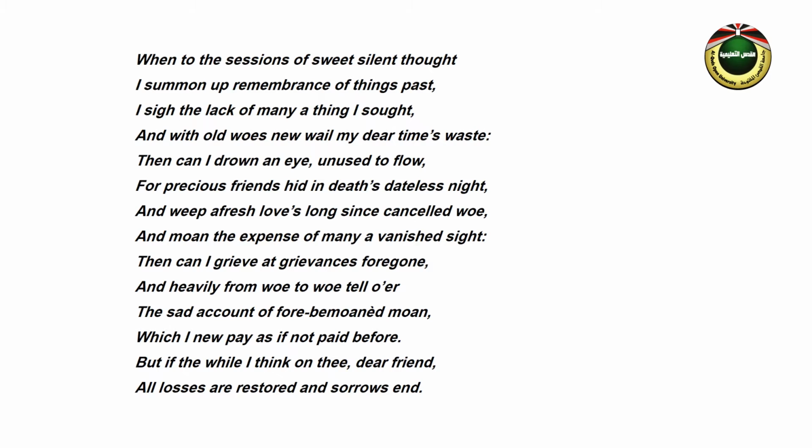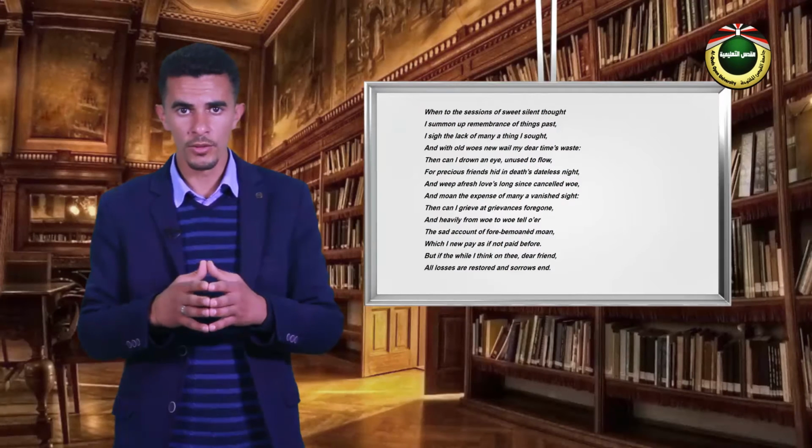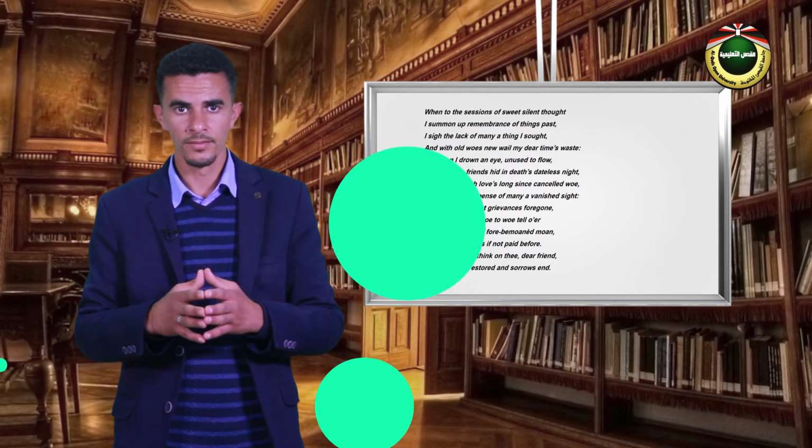Then can I grieve at grievances foregone, and heavily from woe to woe tell o'er the sad account of fore-bemoaned moan, which I new pay as if not paid before. But if the while I think on thee, dear friend, all losses are restored and sorrows end.